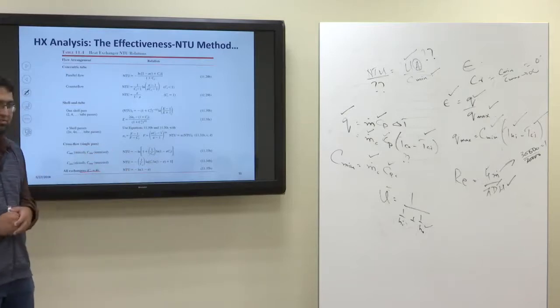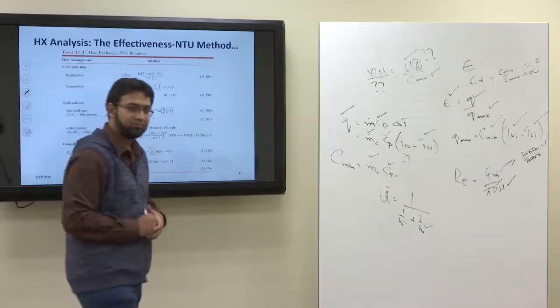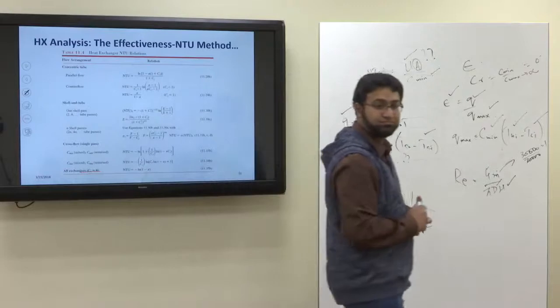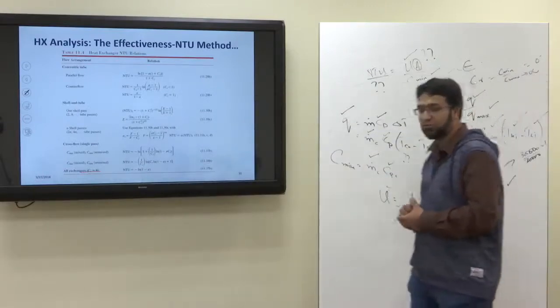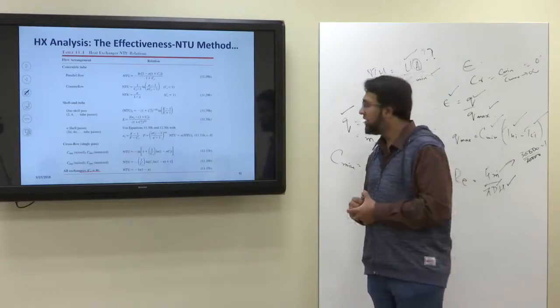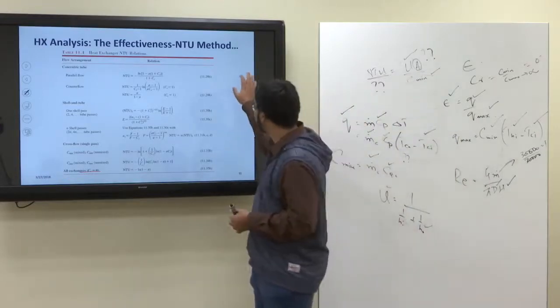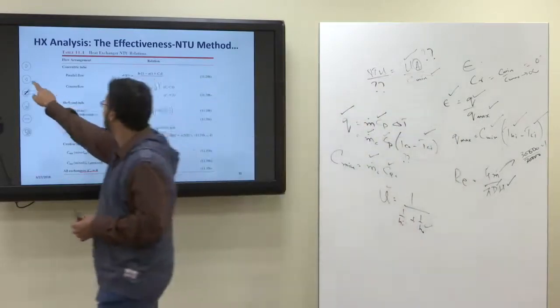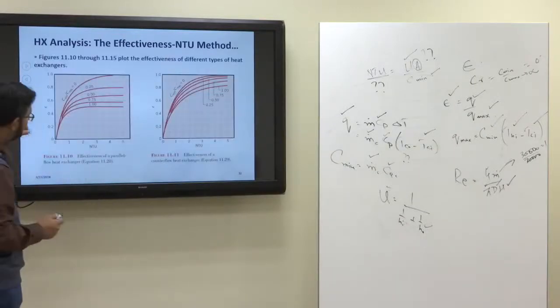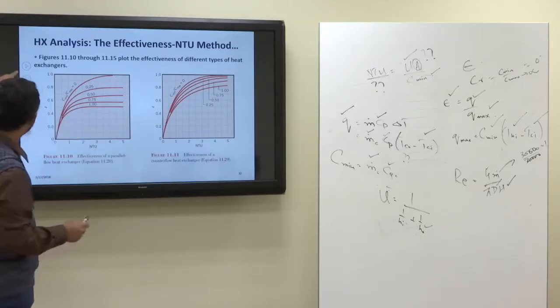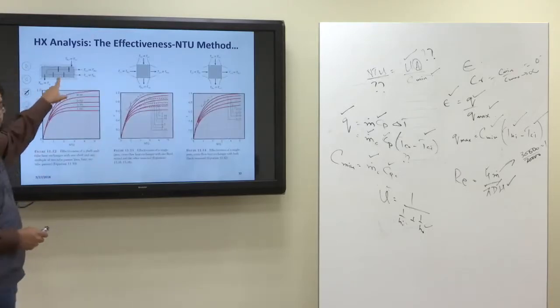Nothing else is needed. So here I can't use the graphs. Okay, yeah, you can use the graph as well. I'm sorry about that. See, in the graph, this is parallel flow, that is counter flow. This is shell and tube heat exchanger, right?